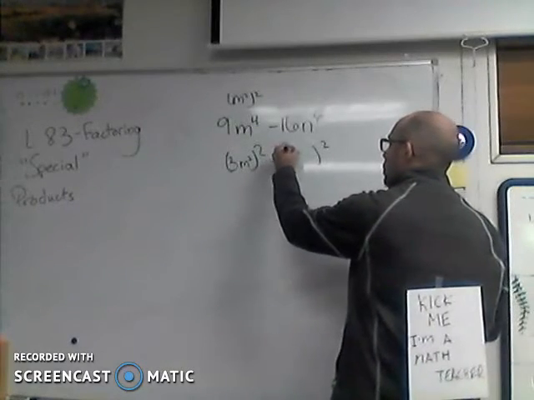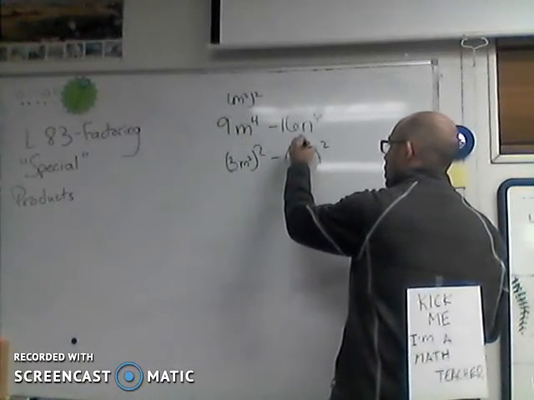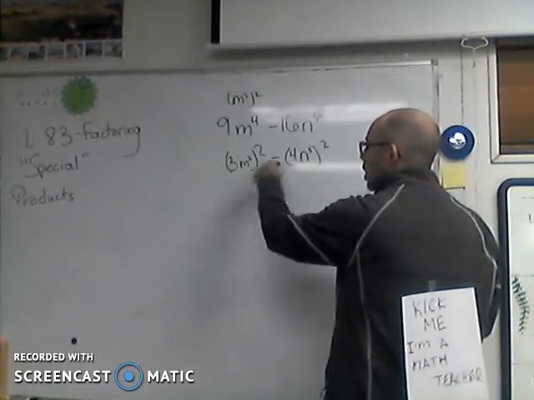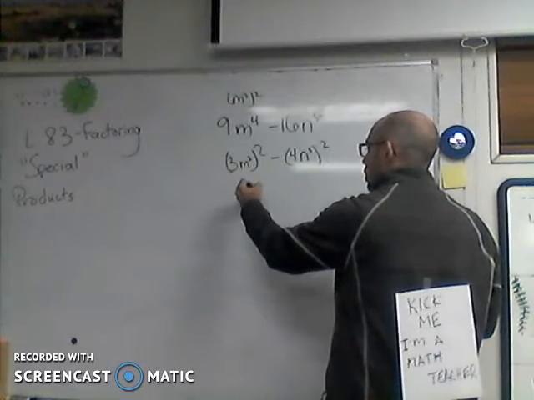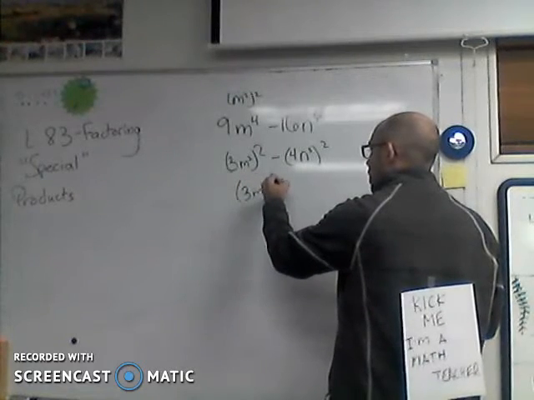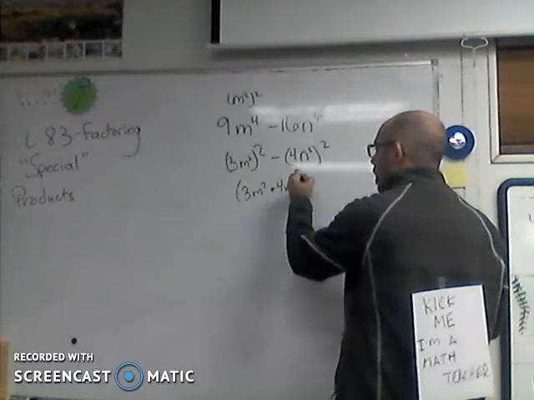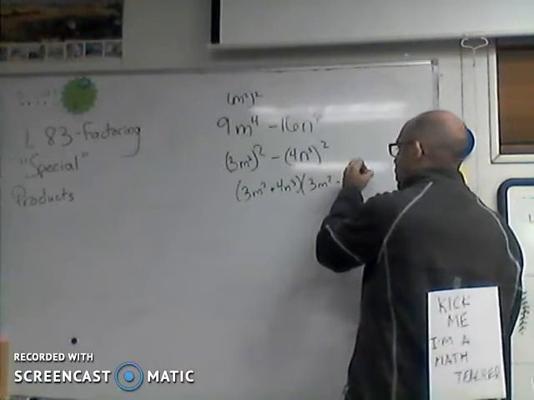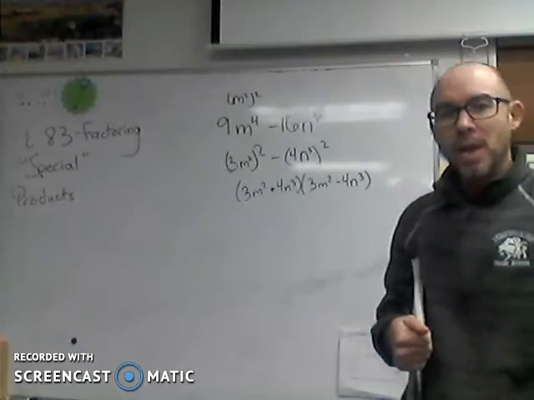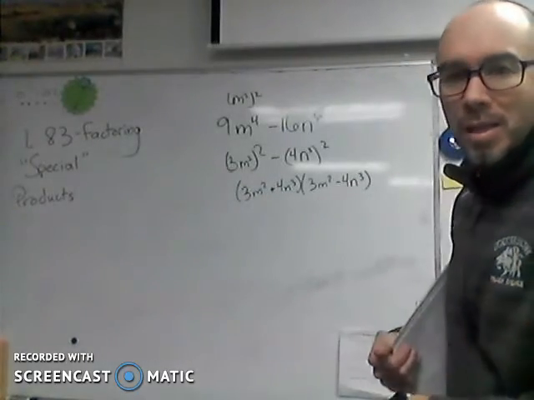Here, that's a square, and this is n cubed squared. So something squared minus something squared equals the first thing plus the second thing times the first thing minus the second thing. And you can verify that by foiling everything back in together.